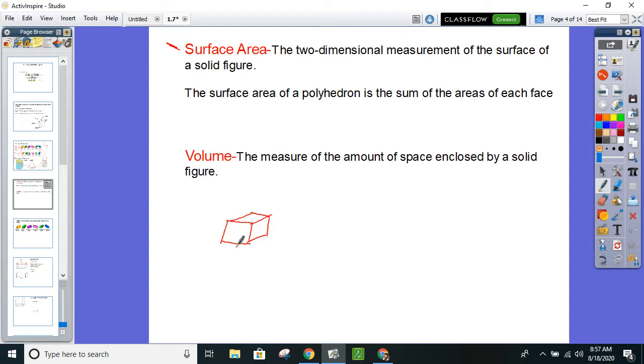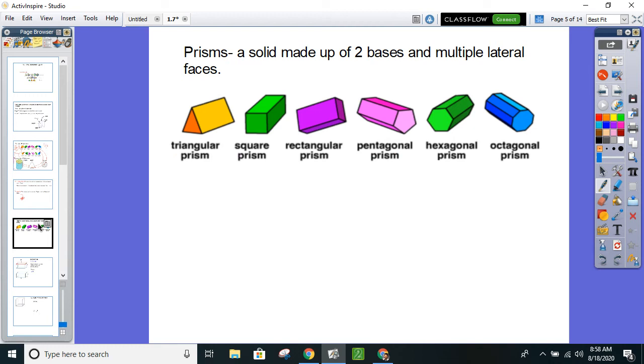We find the area of all the individual faces and add them up, or there's actually a way to do that more quickly. The volume is what's inside. If I were to fill this up with water, how much water would this hold? That is the volume. So there are 2 different things, and we'll go through both of them slowly.